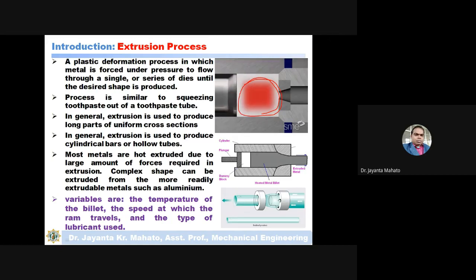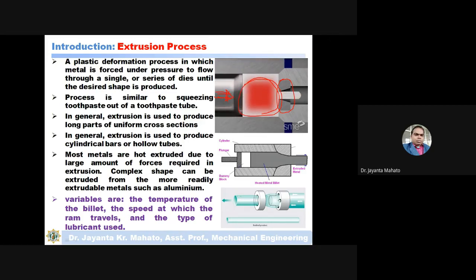This raw material is forced by a piston type ram, and then the material will come out through what is called the die. According to the shape of the die, the extruded part will get the desired shape.